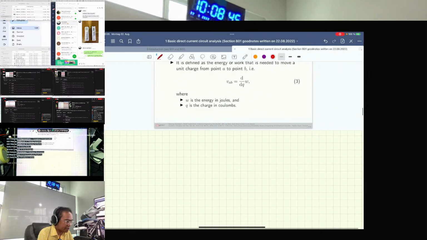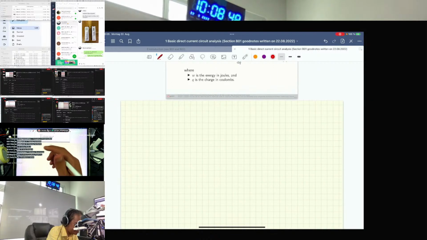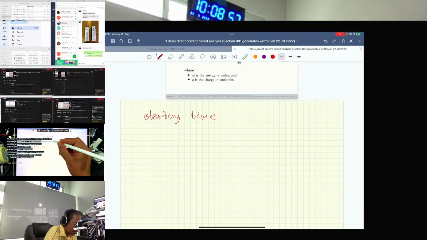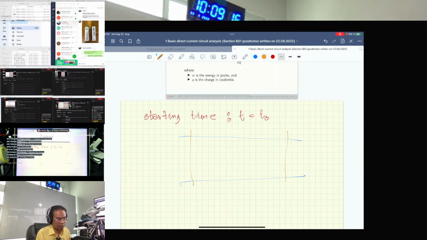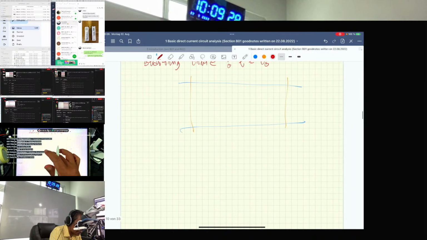Okay, at the starting time, let's say t is equal to t0, and you have again the pipe like this, and we have the area of the location where we want to observe how much the charge is, right? We have also the observing time.